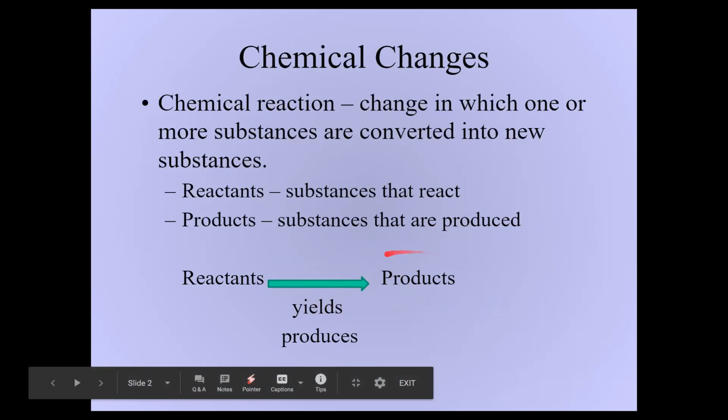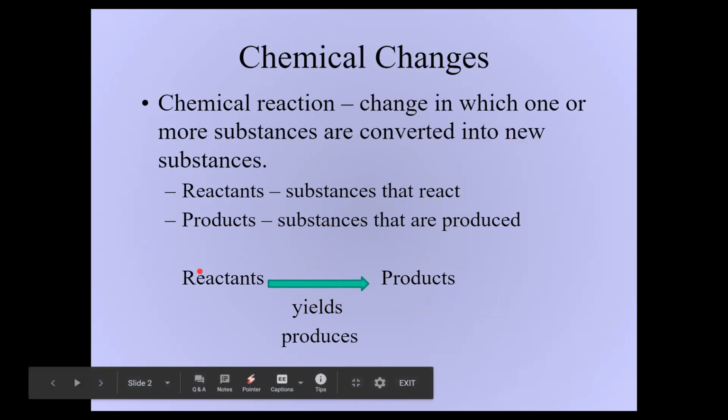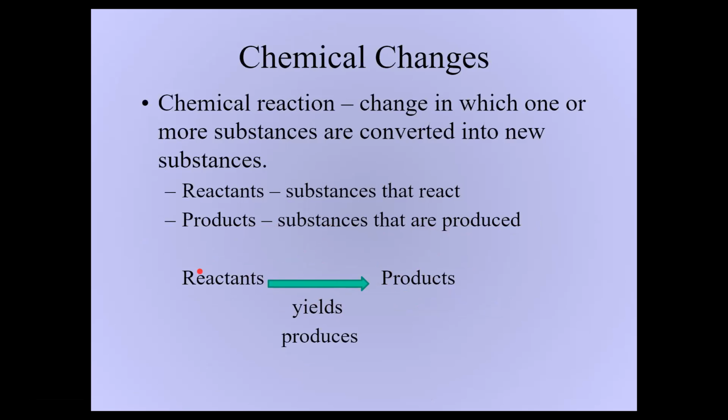So we start with the reactants. They do some sort of reaction together. Maybe they give off a whole bunch of bubbles fizzing and there's light coming out. And then when that's all said and done, we end up with the products, the new substances that are created as a result of the chemical reaction they just went through.